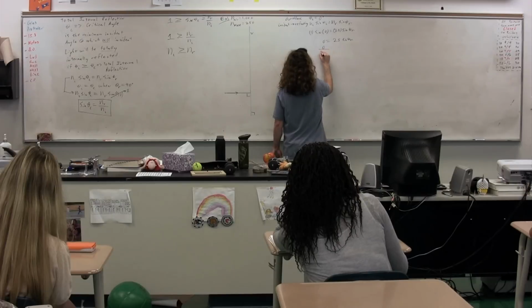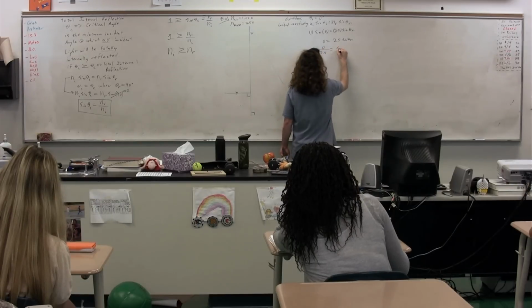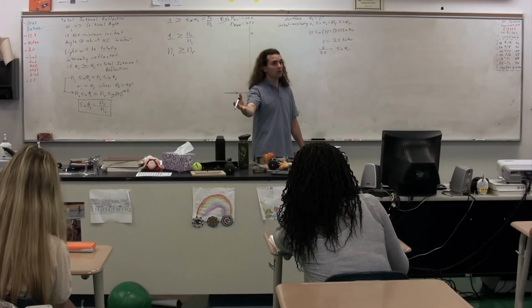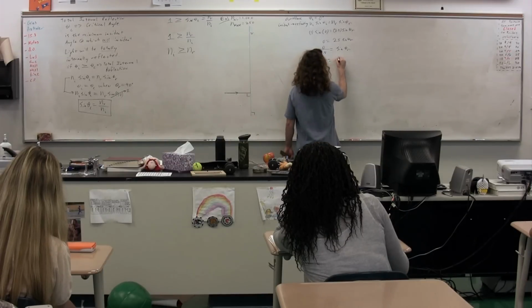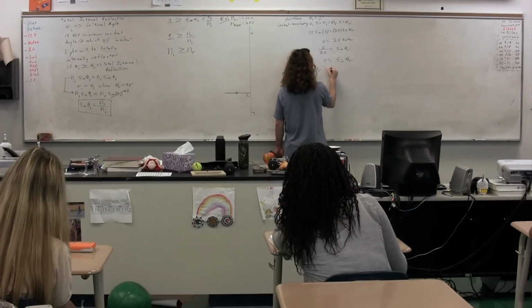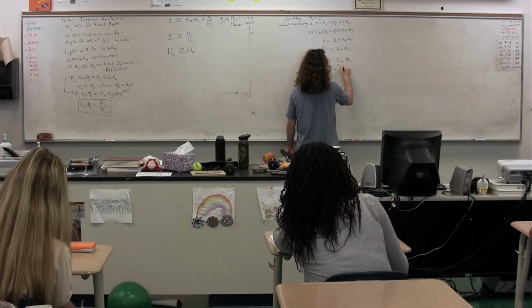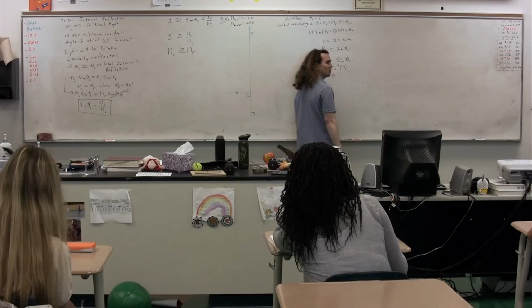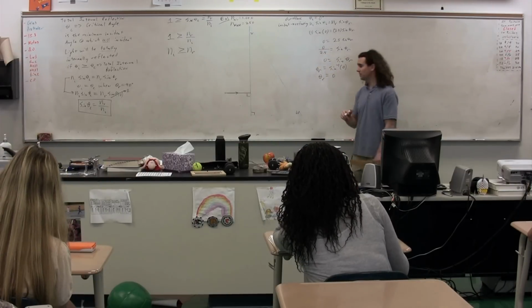In other words, 0 divided by 2.5 equals the sine of the refracting angle. Class, what's 0 divided by 2.5? 0 equals the sine of the refracting angle. In other words, the refracting angle is equal to the inverse sine of 0. Class, what's the inverse sine of 0? 0.